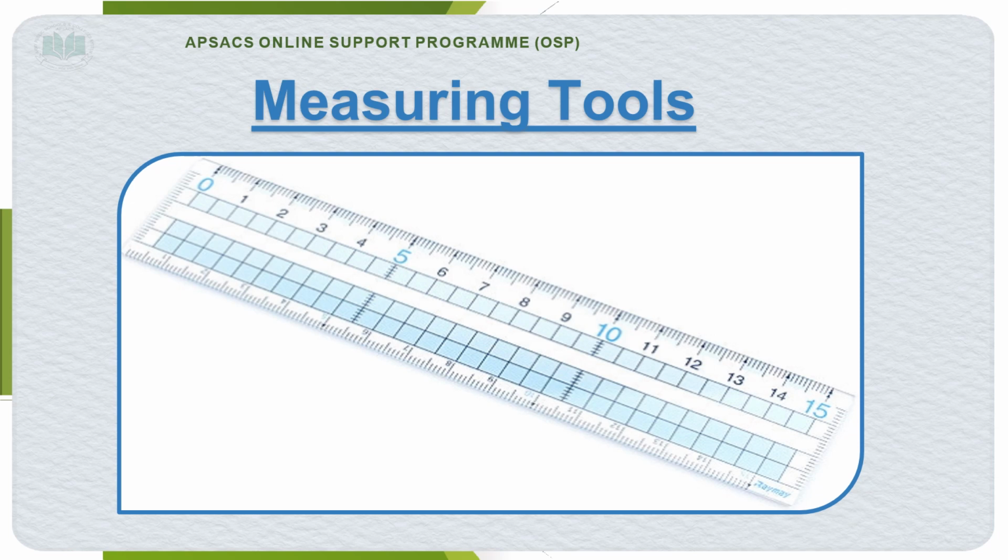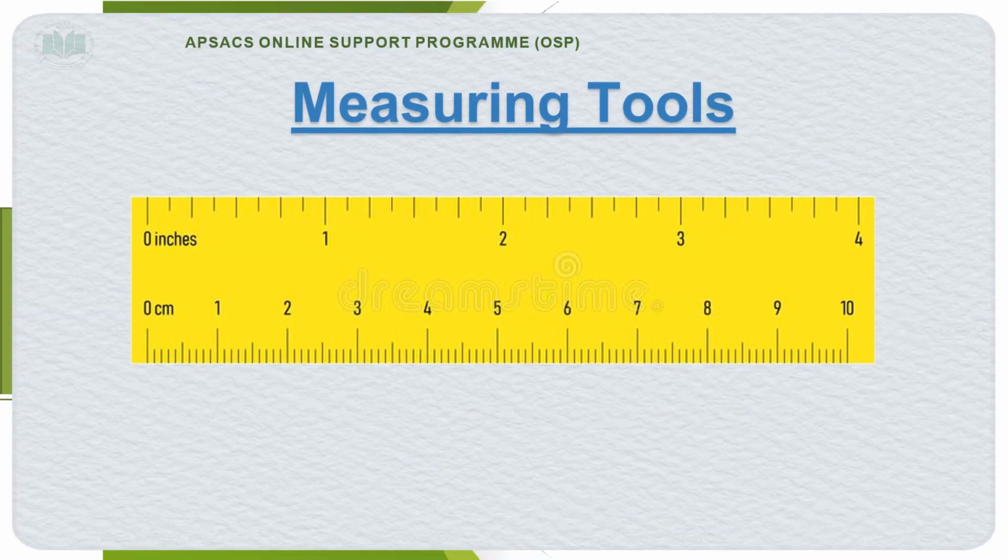Here we have this ruler and this ruler is marked up to 15 centimeters. So this ruler can measure the objects up to 15 centimeters. Now, here is the ruler that is marked up to 10 centimeters.